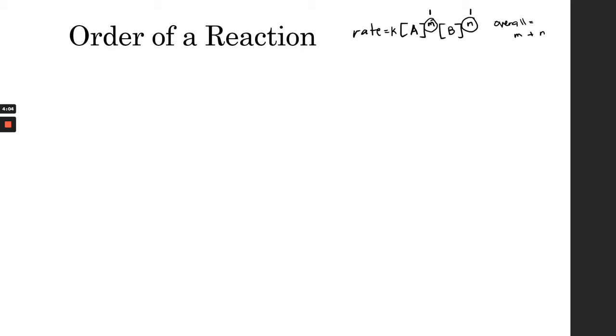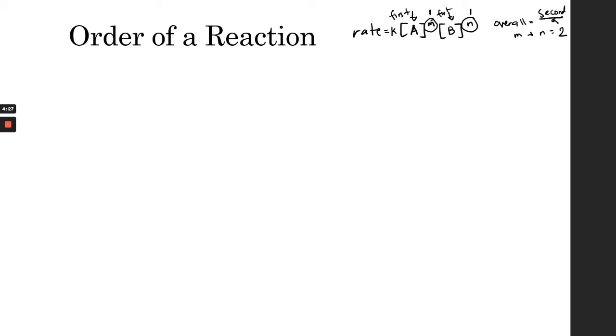That means the order of reaction for A is first order, and the order of reaction for B is first order. Then the overall reaction is the sum of the values of M and N, which gives us 2 in this example, and this means the overall reaction is second order.